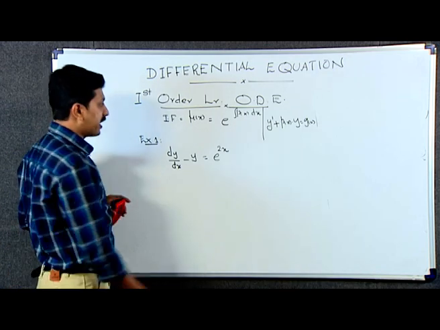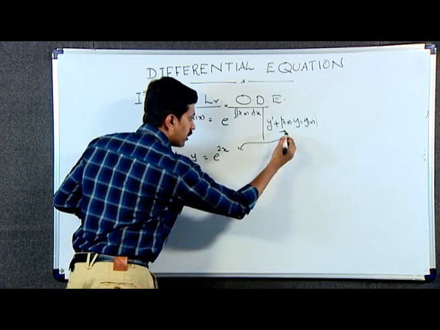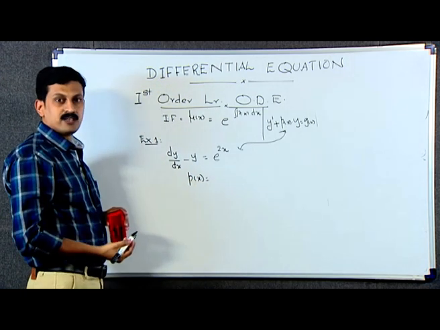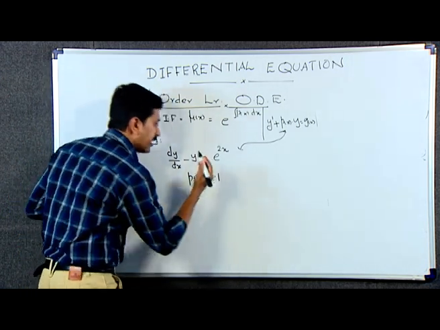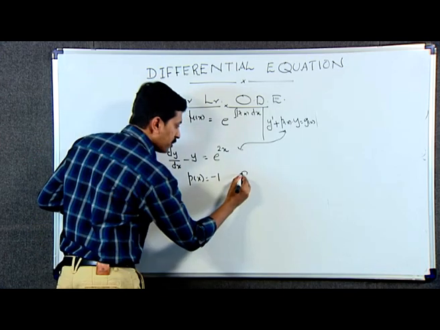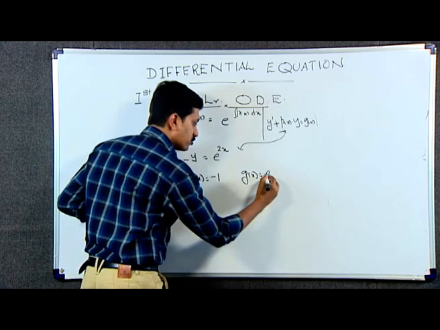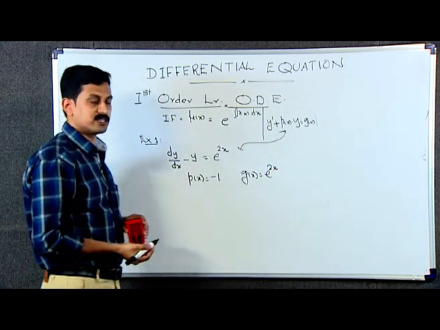By comparing with the general form, we can identify p of x is equal to minus 1, and g of x is e raised to 2x.